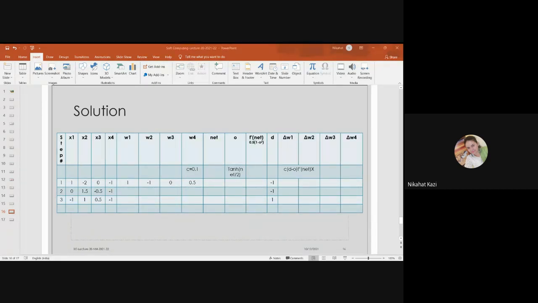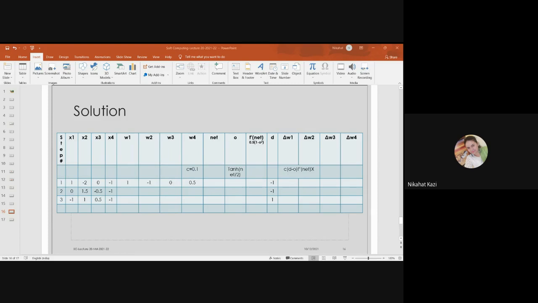We simply have to follow this table. The initial weights have also been put up, along with the C value and the weight update equation for your ease of reference. The activation function mentioned is the bipolar continuous activation function.